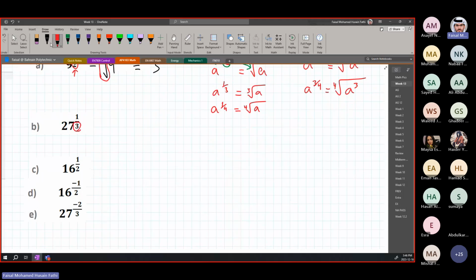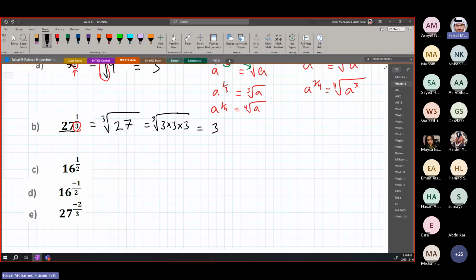So this we know directly is equal to the cube root of something. And what is this something? It's 27. Cube root of 27 is equal to, I think you know that 27 is equal to 3 times 3 times 3.